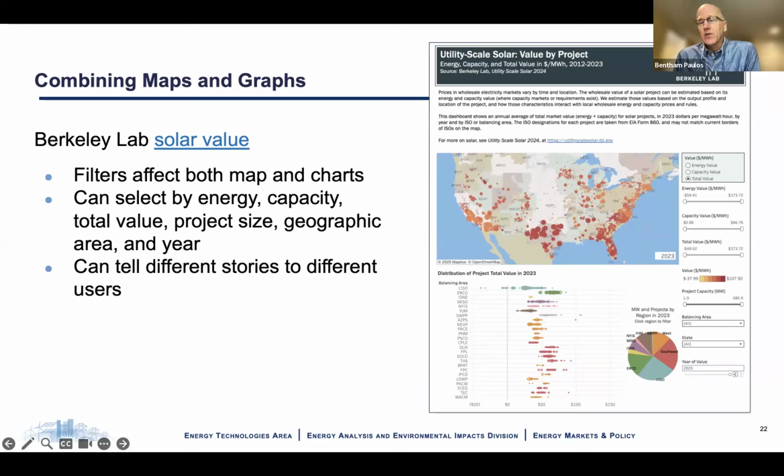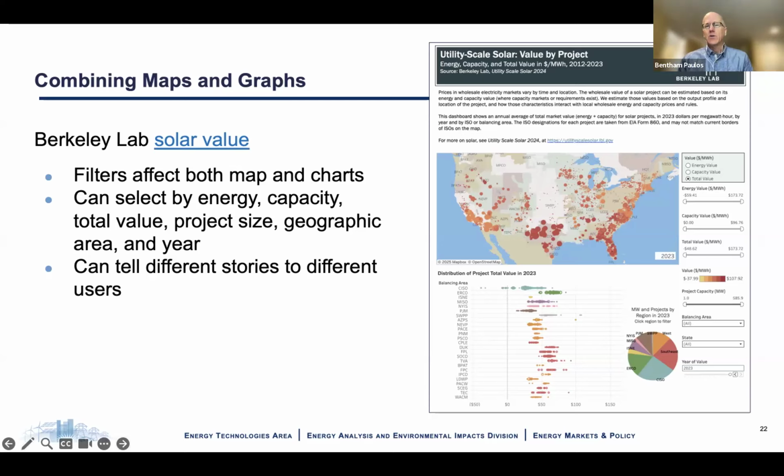They can zoom in, or they can see the change over time on the very bottom there. They can change to see the energy value versus the capacity value or the total value in that top right button. And they can filter out projects according to values, energy, capacity, and total.